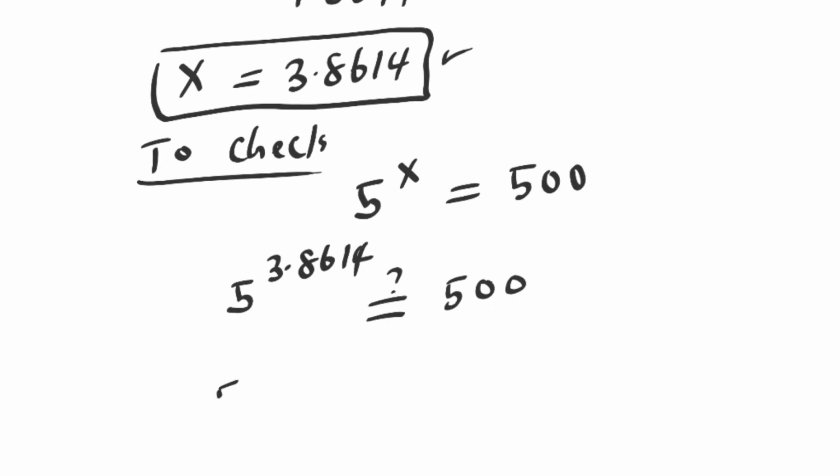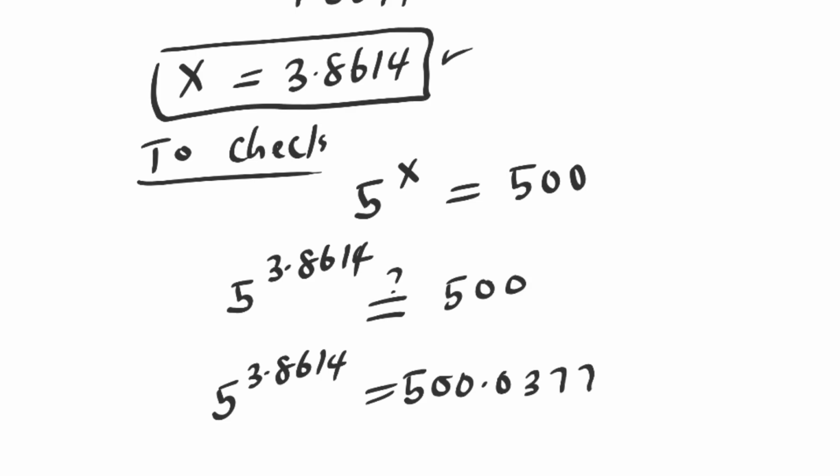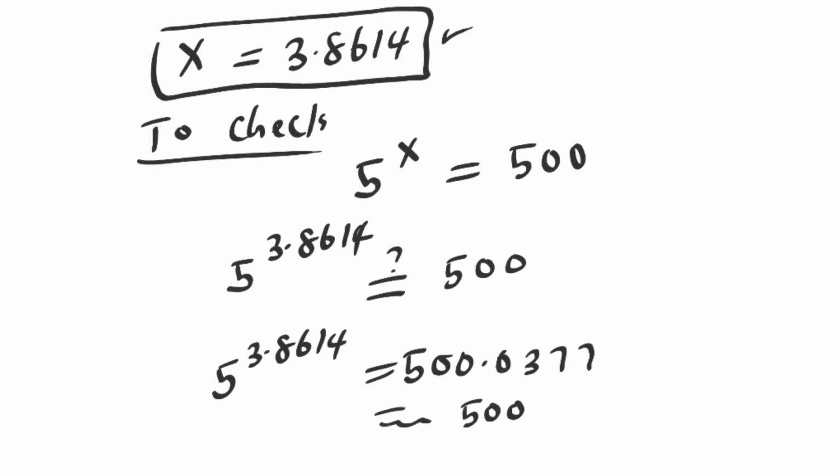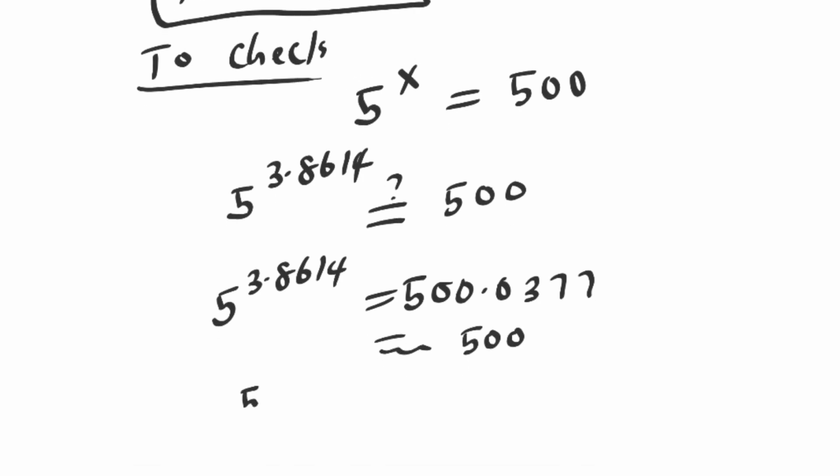Now 5 raised to power 3.8614 is equal to 500.0377. This is approximately equal to 500. Therefore, the left hand side 500 is equal to the right hand side 500, which is true.